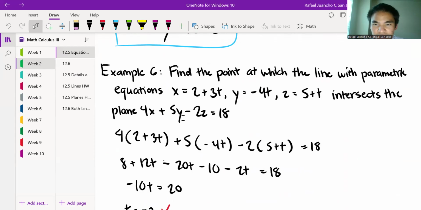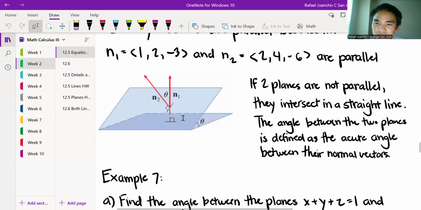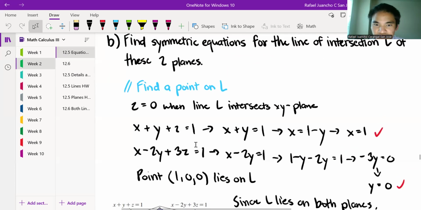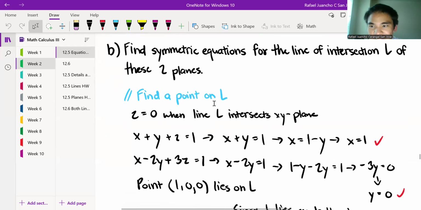No, I don't think we've done anything like that. So, oh, would you look at that? For the line of intersection L of these two planes, find a point on L. How do we do that?